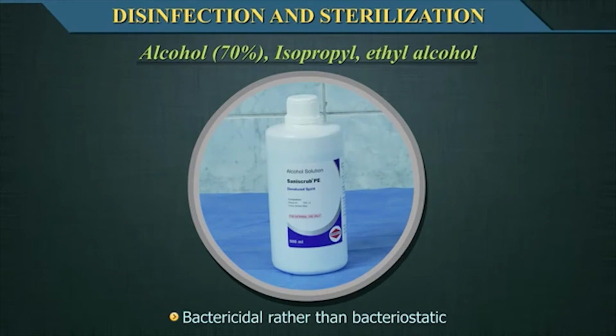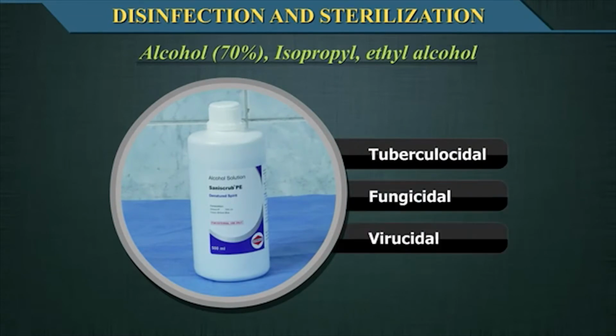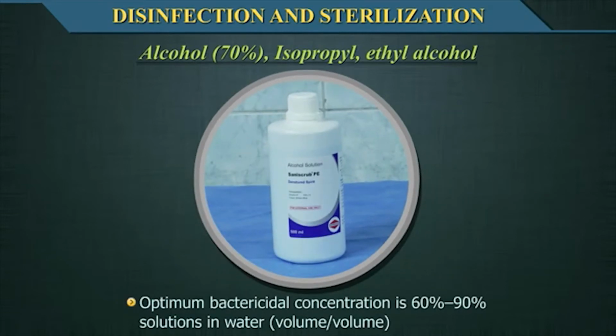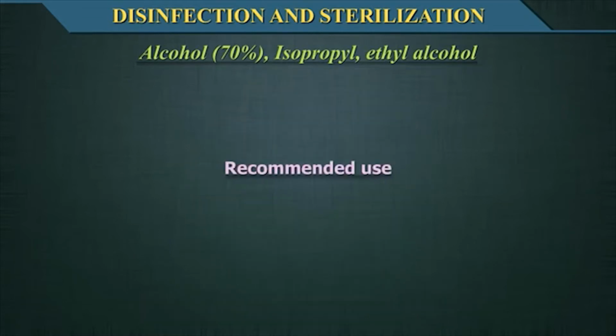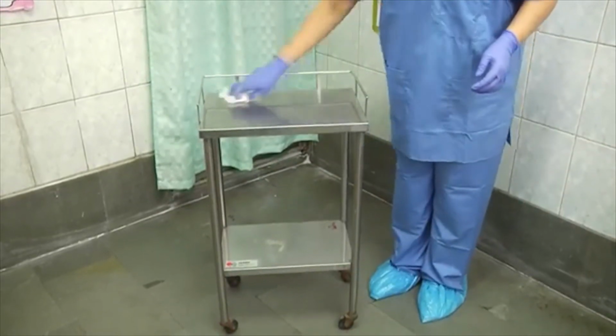They also are tuberculocidal, fungicidal, and virucidal, but do not destroy bacterial spores. Their cidal activity drops sharply when diluted below 50% concentration, and the optimum bactericidal concentration is 60% to 90% solutions in water. Recommended use: smooth metal surface and tabletops.